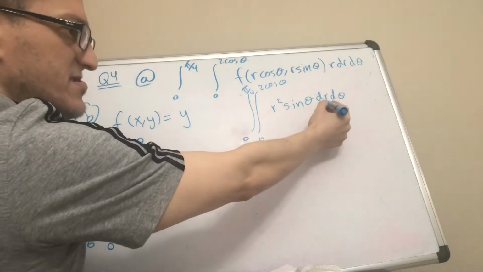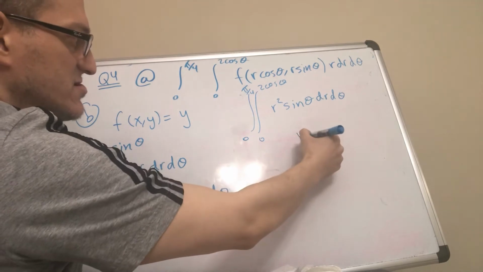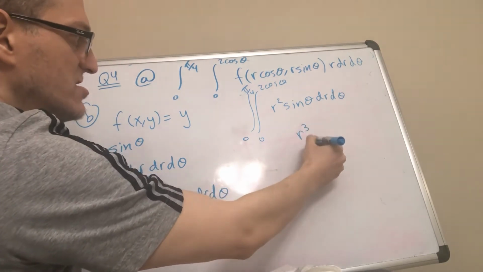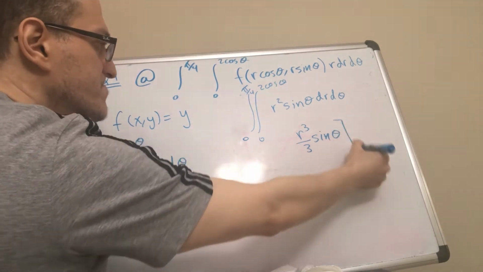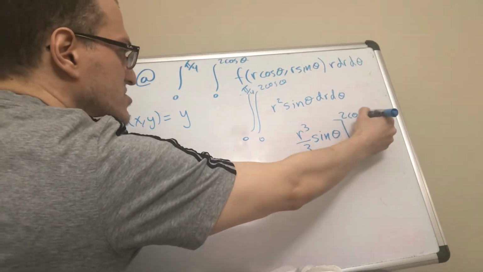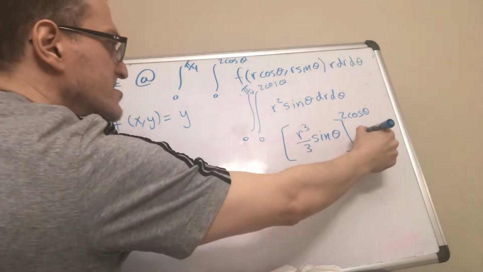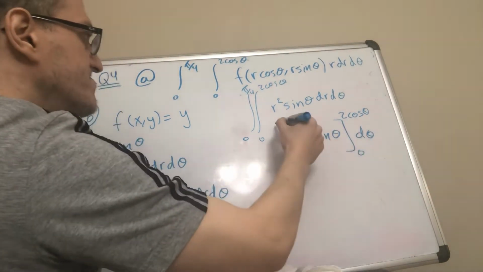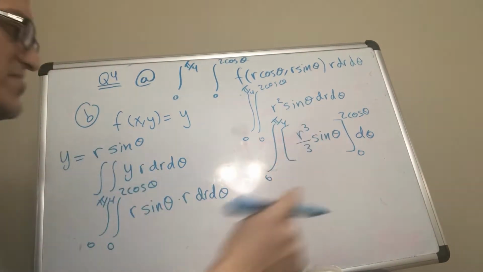We integrate this with respect to r. Sine theta is a constant, so it's r cubed over 3 times sine theta. You plug in 2 cosine theta, and then you plug in 0, d theta, and we still need to do from 0 to pi over 4.